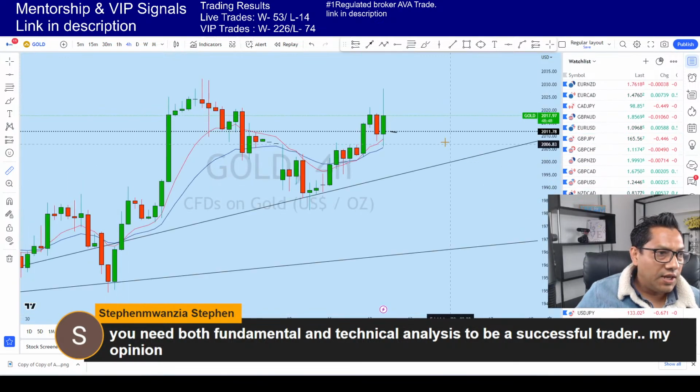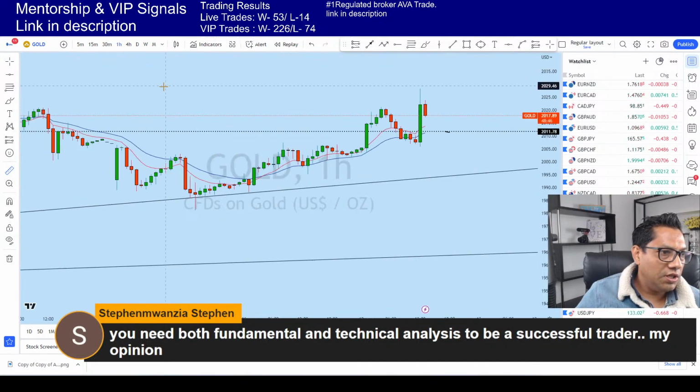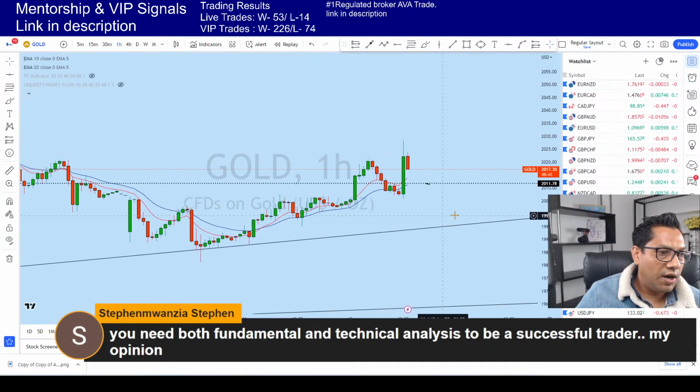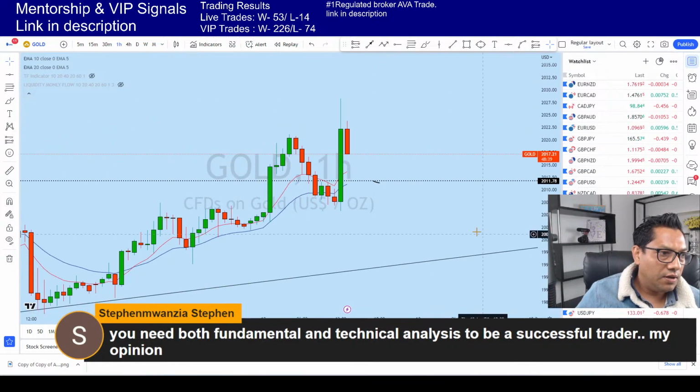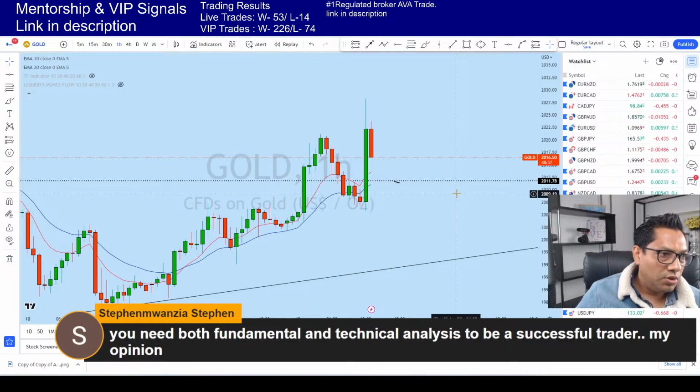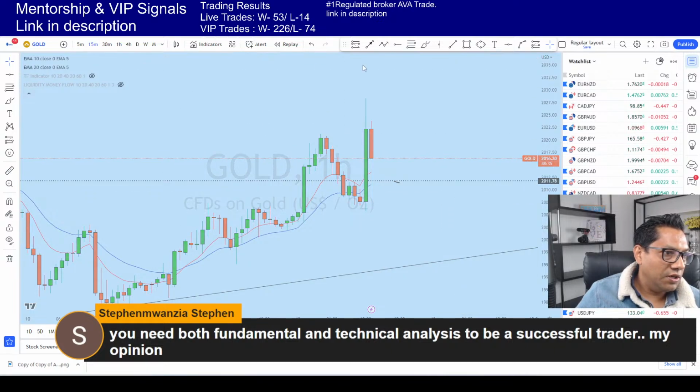So gold, let's see gold come down again. You see that on the 1 hour it is coming down, but I think that after coming to this level we could see again a bullish move on gold. So it's coming down; for me it's a deeper pullback.